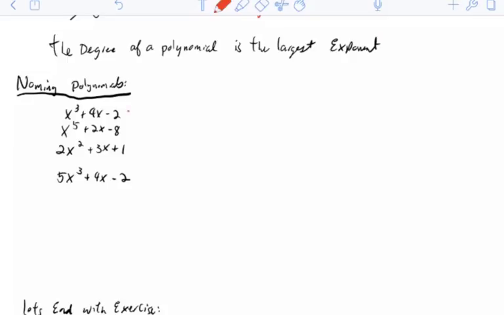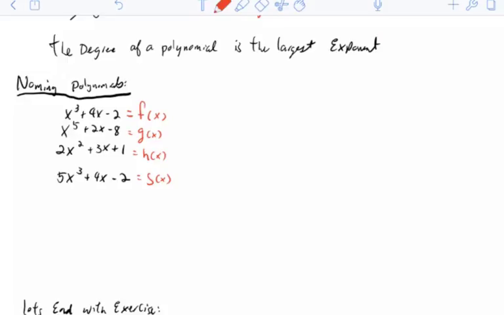And usually it's a letter of the alphabet. Call this one F, call this one G, call this one H, call this one S. When you're naming a polynomial, though, you don't just write a letter. You write the letter and then parentheses with x inside, like that.